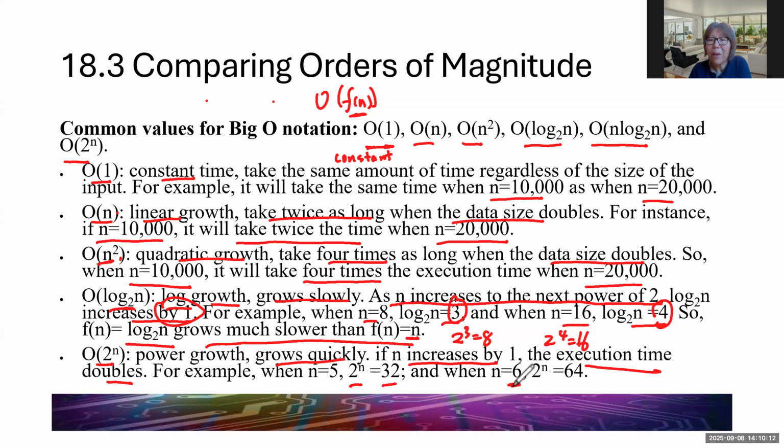But when n is 6, it increases only by 1, but 2 to the 6 is 64, it already doubles. So it grows quite quickly. Normally, we don't want our algorithm to run like this.